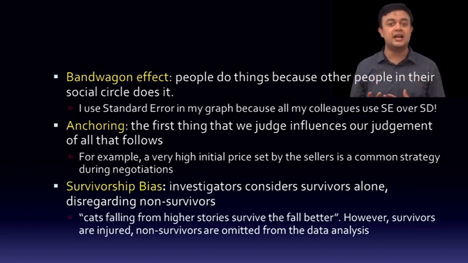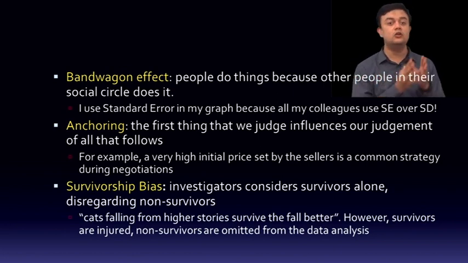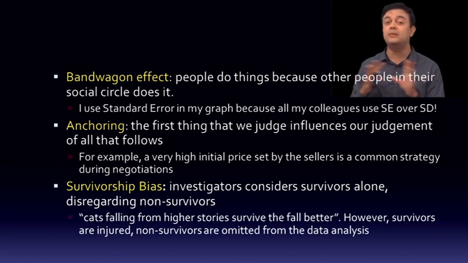Why that particular study? Because the investigators concentrated only on the survivors, those reported by the vet. The problem is that non-survivors are omitted from the result. Instead of survivors, we can think of these as injured cats.